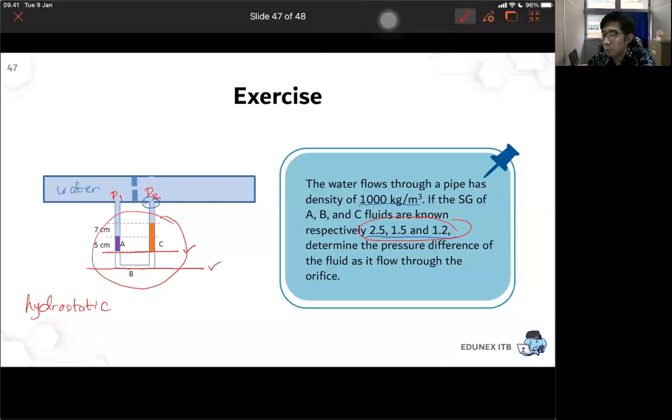If you take the above one, then you do not need to consider the density of fluid B, right? Because the baseline is here. But if you use this baseline, then you need to consider the density of fluid B. Just be careful, the SG is different.